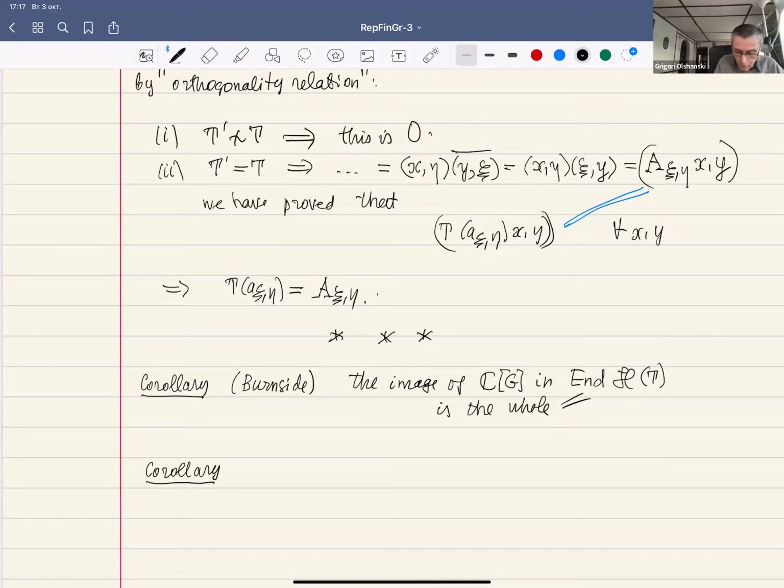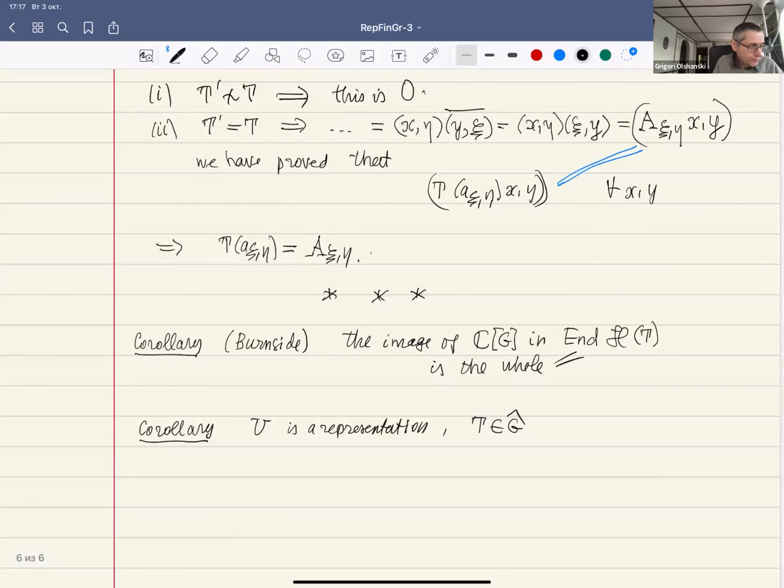So assume U is some arbitrary representation, and T is irreducible.